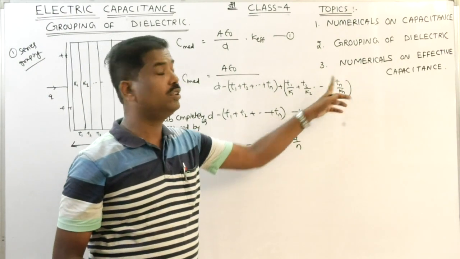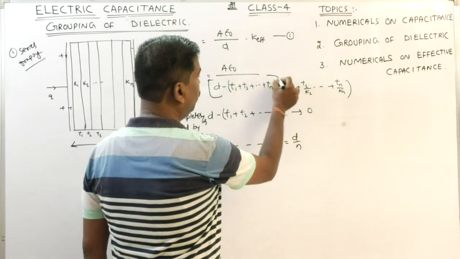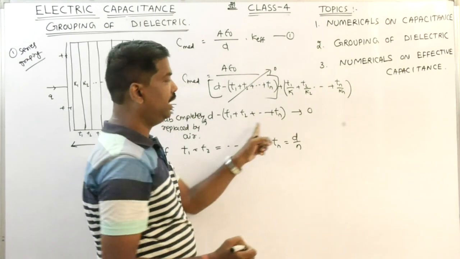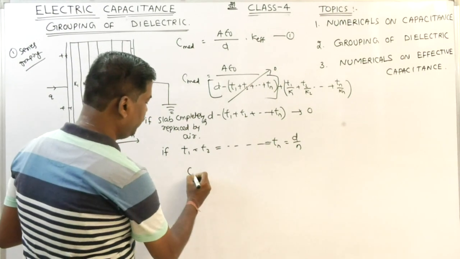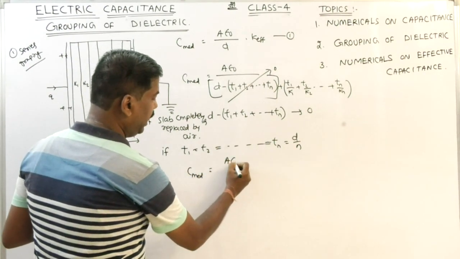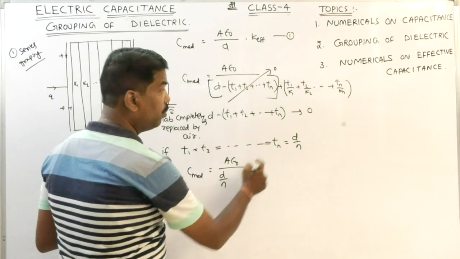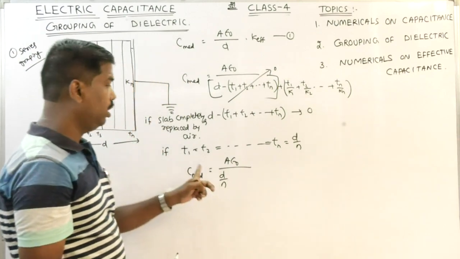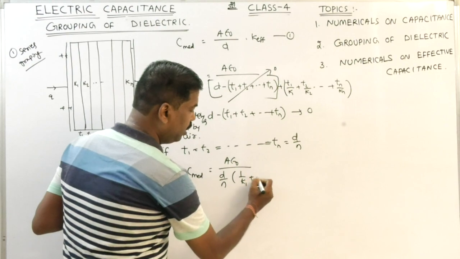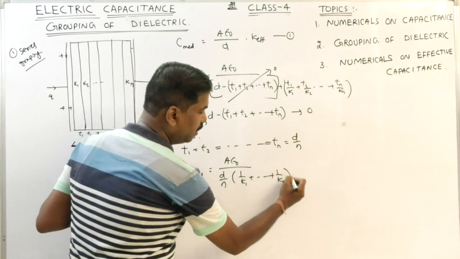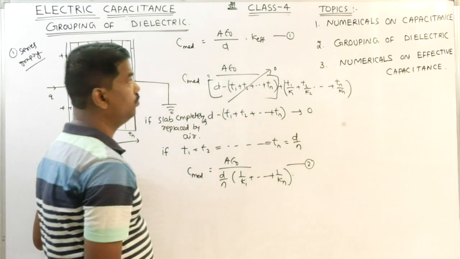So this factor tends to 0 as the slab is completely replaced by air. Now this formula becomes C medium equals A epsilon 0 by D by N, because T1, T2, Tn are equal, having the same thickness, into 1 by K1 plus dot dot dot plus 1 by Kn. Let it be equation 2.